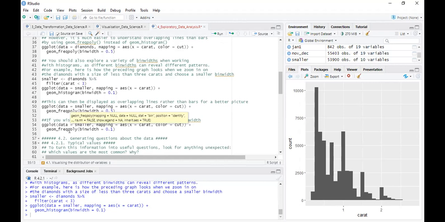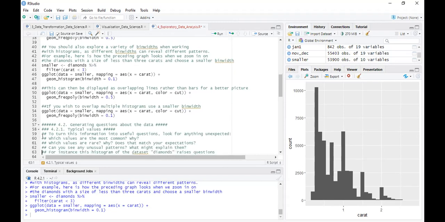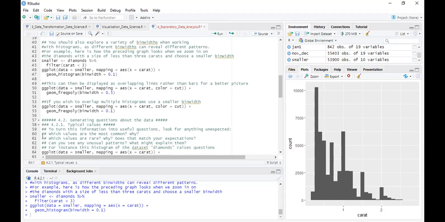So now that you have noticed this pattern, you want to ask yourself questions like, what are the expected values in here? What is unusual about this data set? What could be outliers? And so you want to see what's most common and why it's most common, what's rare, and can you see any unusual patterns?